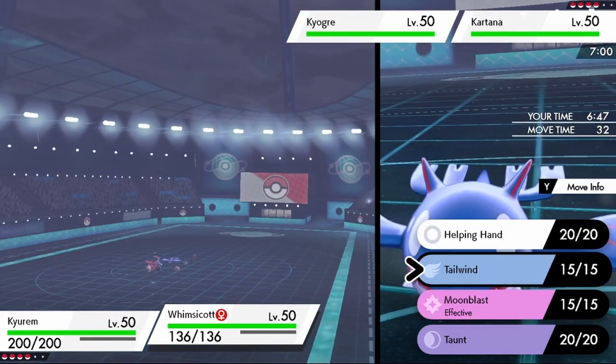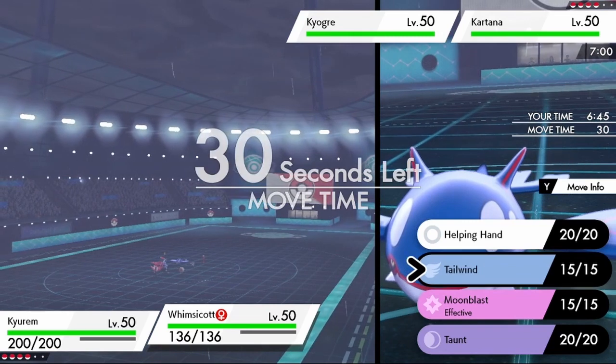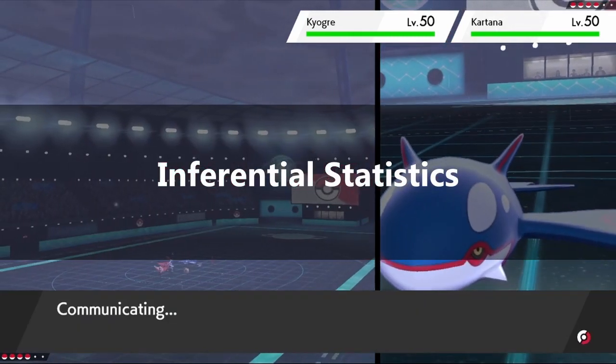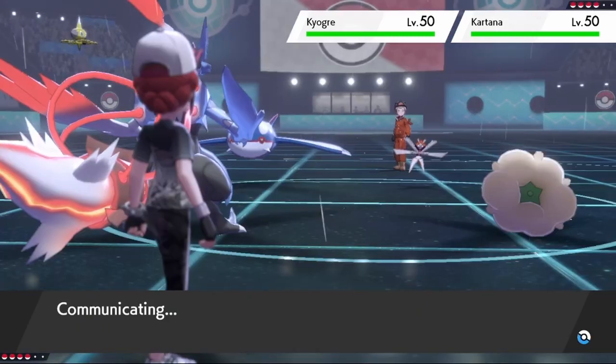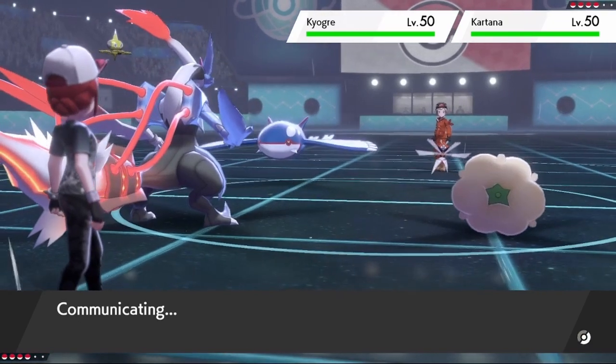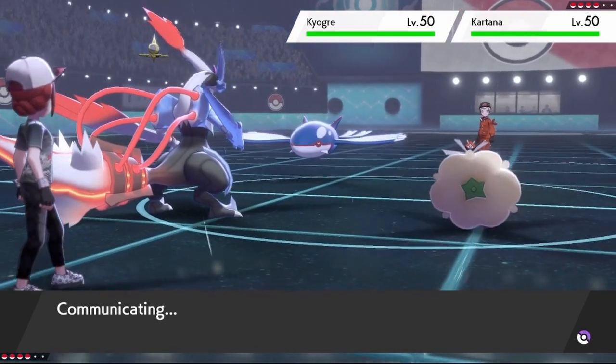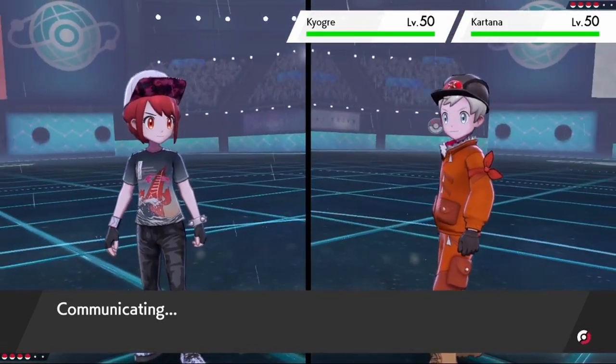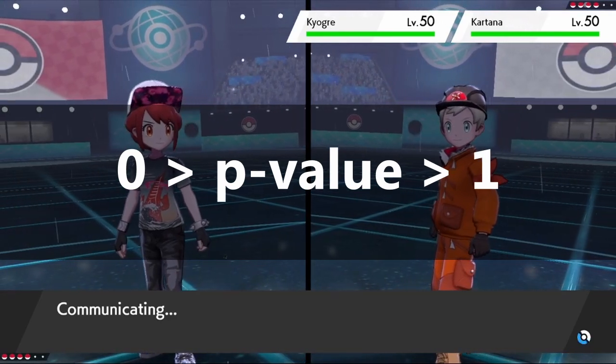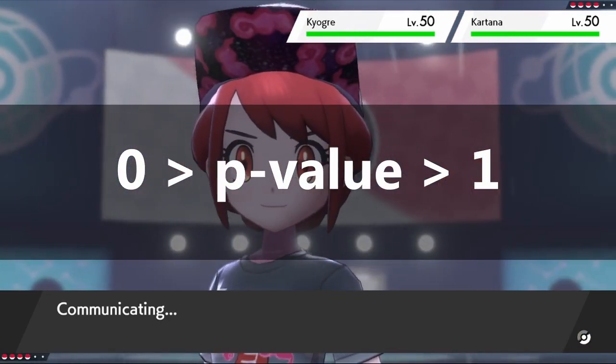P-values are used in inferential statistics, when we want to evaluate the result of a study. Okay, what is a p-value? A p-value is a number larger than 0.